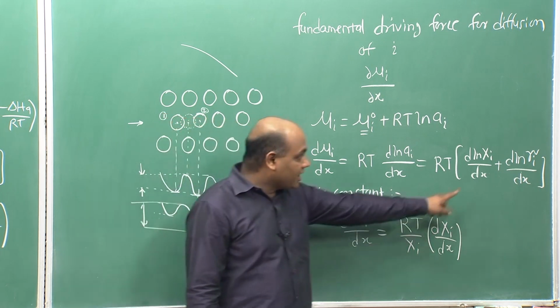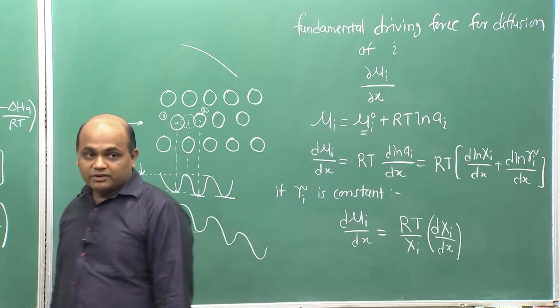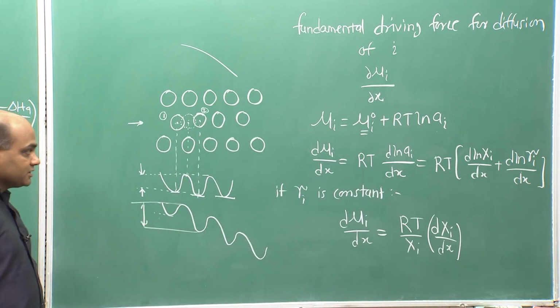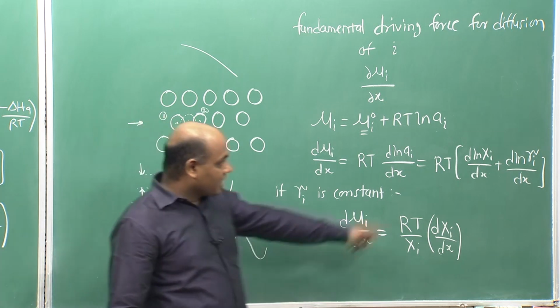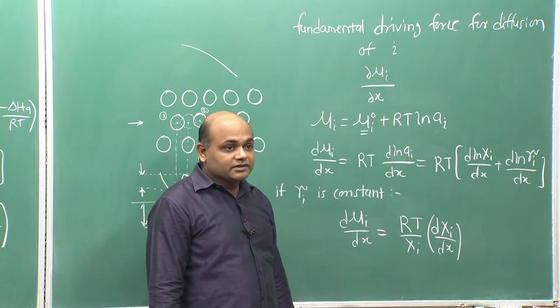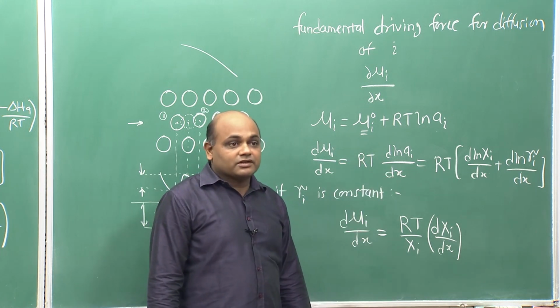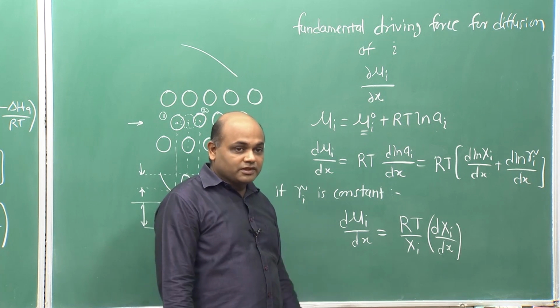Now, even when gamma I is not constant, we know the interrelations. So, by knowing the thermodynamic properties of the system, like the thermodynamic activity coefficients and their relation with the composition, we can convert one set of diffusion parameters into the other.